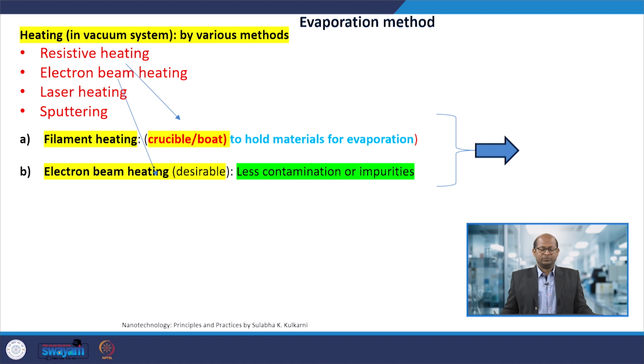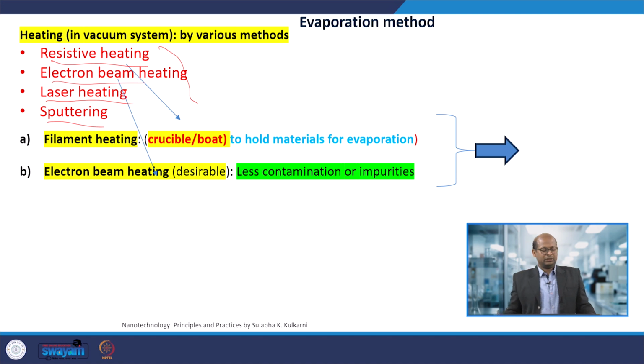Since I said before reactions are conducted, in evaporation we have to make the system vacuum. So in these methods, there are many heating methods, meaning how the target material will be heated up. So resistive heating is there, electron beam heating is there, laser heating is there, sputtering methods, these are there.